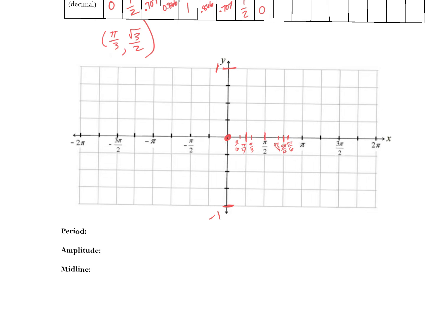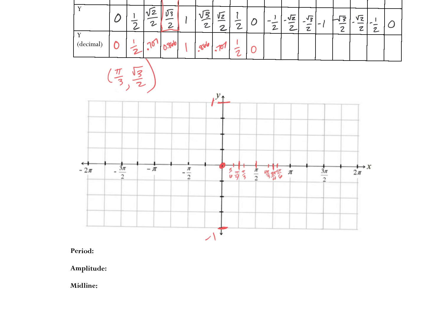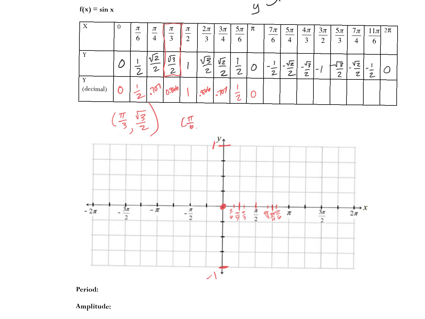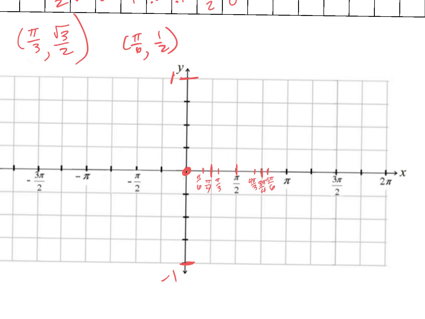So each going up, each one counts as 0.25. Okay? So the next point I need to graph is the point pi over 6, 1/2. So I'm going to go here to pi over 6, and then 1/2 would be right about here.